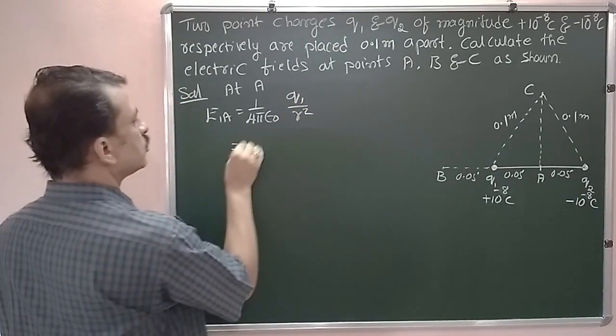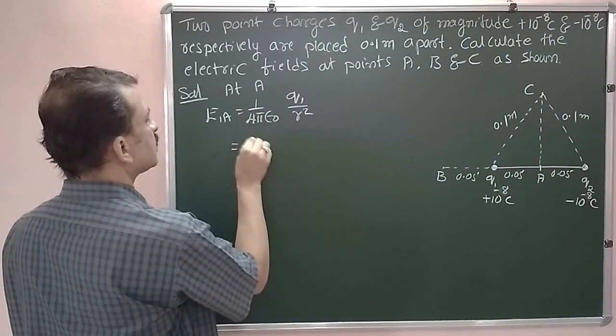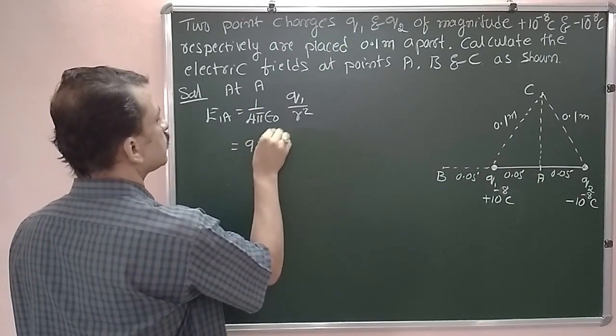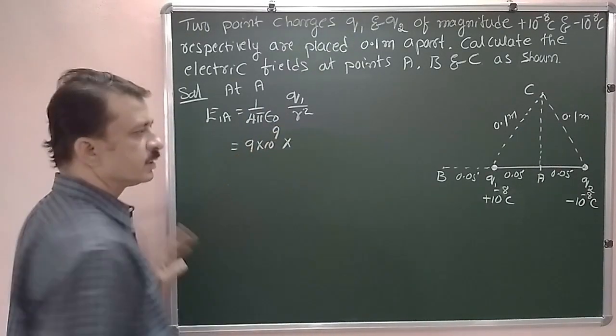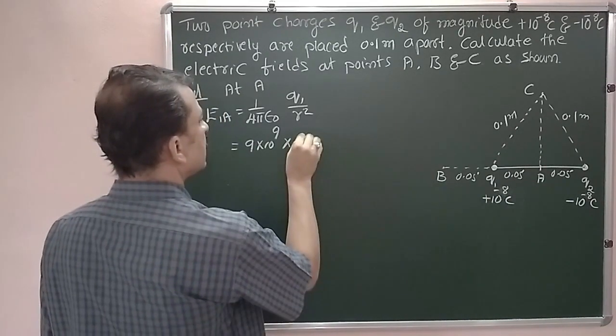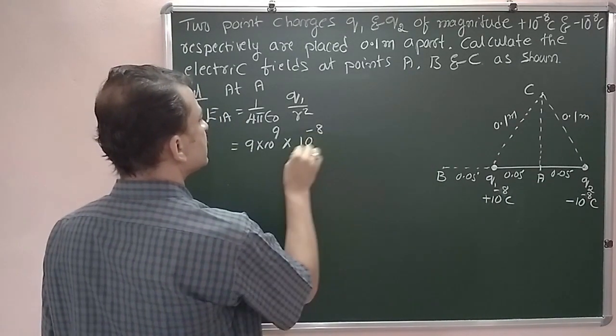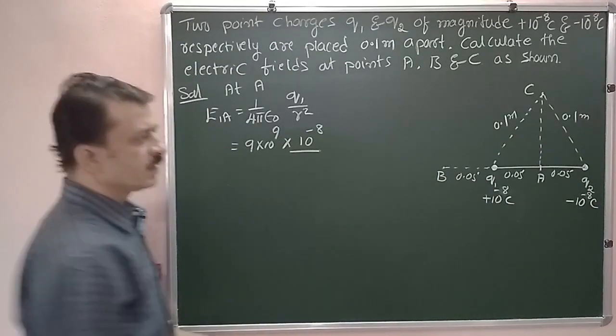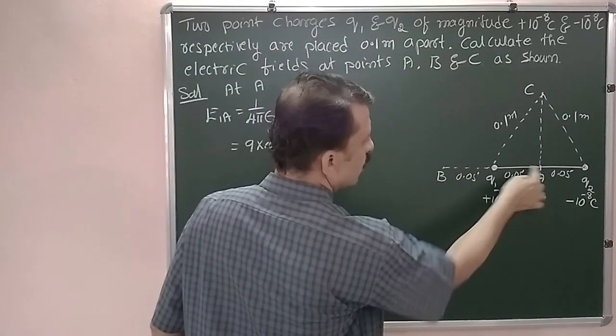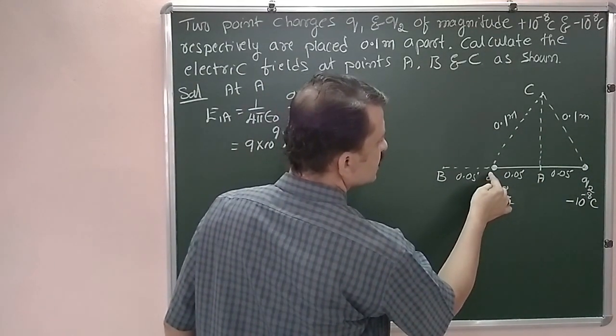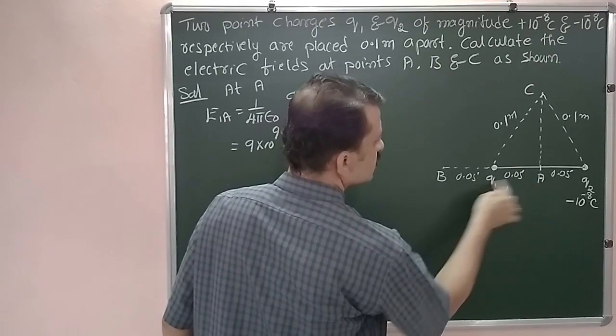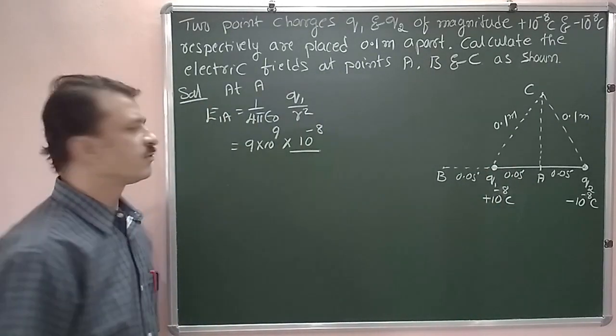Now substitute the values. 1 divided by 4 pi epsilon naught is 9 into 10 to the power of 9, into the charge, plus 10 to the power of minus 8 coulomb, divided by the distance. Since A is the midpoint, the distance of point A from the positive charge Q1 is 0.05.